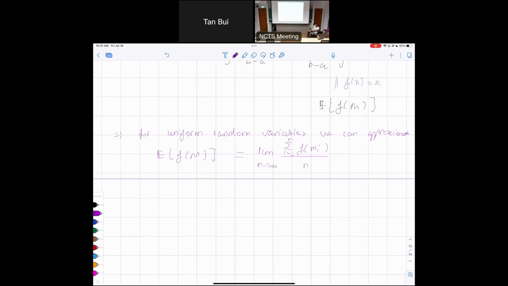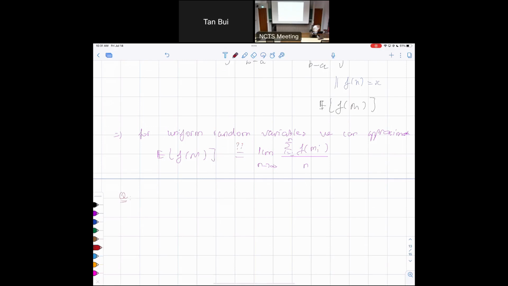So the expectation of any function can be obtained by simply taking the average and taking the limit, and we know it converges. Of course, converges in which sense is important, and we need to address that in a second. But at least forget about the rigor there. We know that this standard average is going to converge to the integral, or to the expectation of any function. Which is nice.